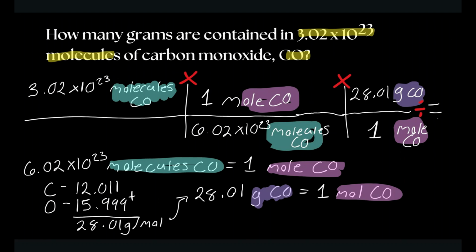And this is going to give us our answer of 14.1 grams of our carbon monoxide. So we're ending in grams of our carbon monoxide, which is what we want. And so this right here is going to be the final answer, 14.1 grams of our CO.